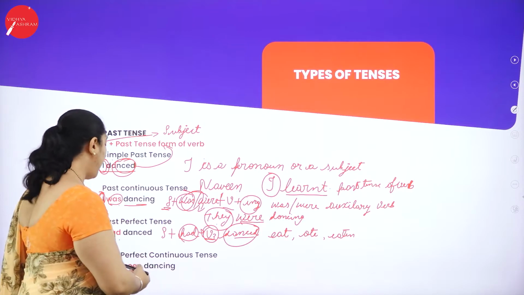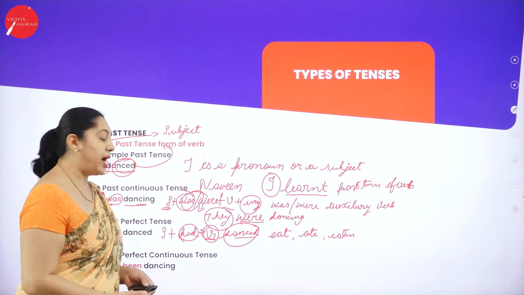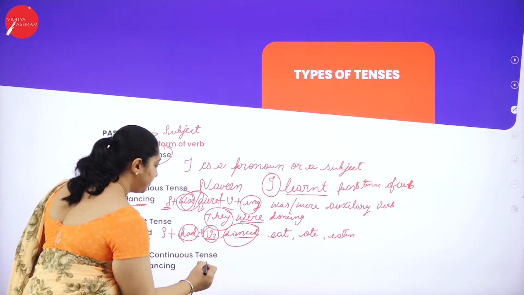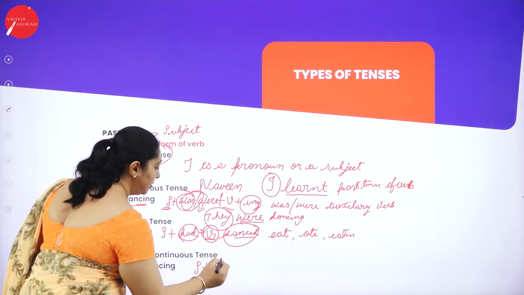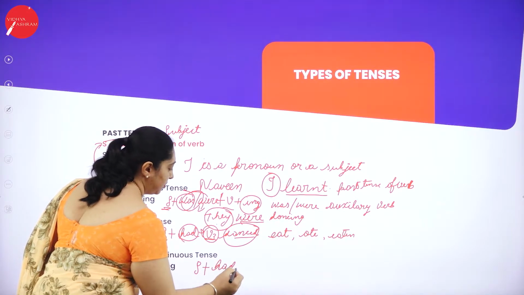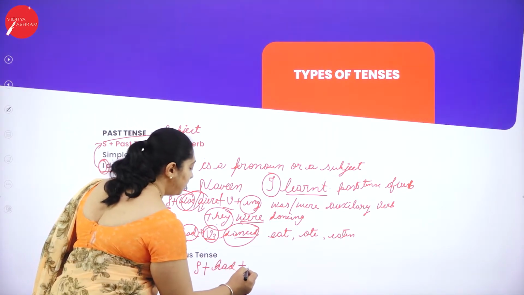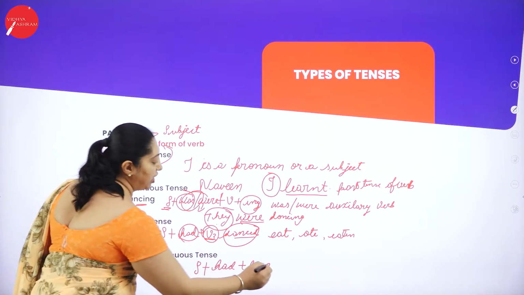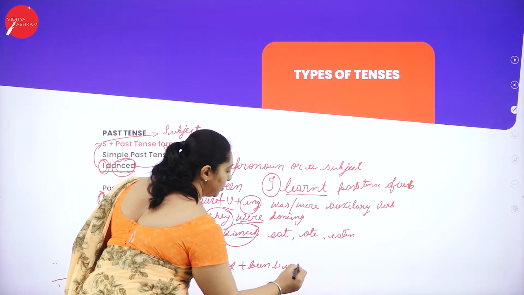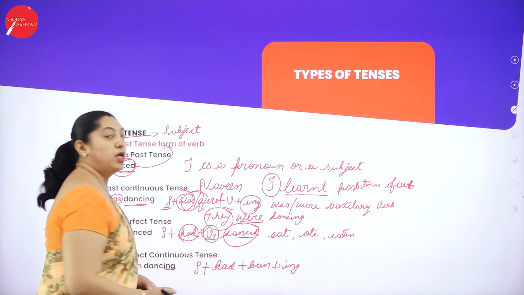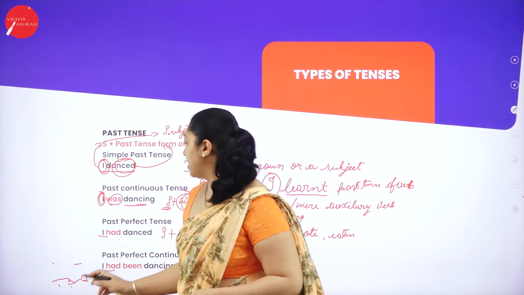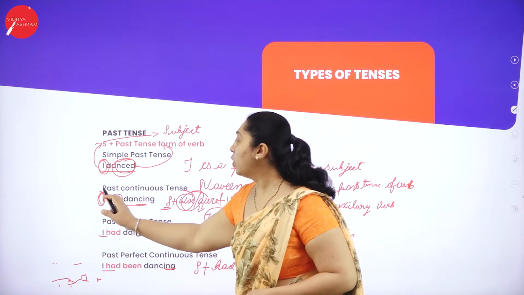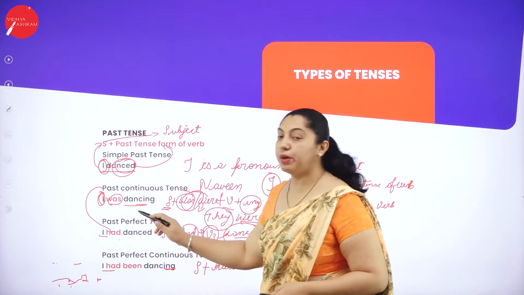The next tense, past perfect continuous tense. Here I is the subject, plus had, plus been, plus ing. What happens here in the past perfect continuous tense is by clubbing both past continuous and past perfect tense.